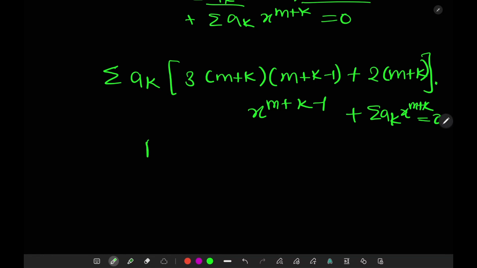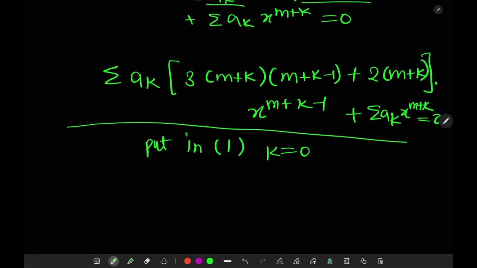Now put k equal to 0 in summation 1, because in this method when we form this equation we need to put k equal to 0 in the lower power of x.